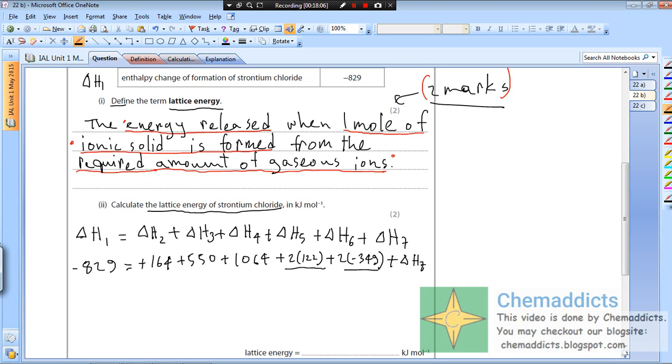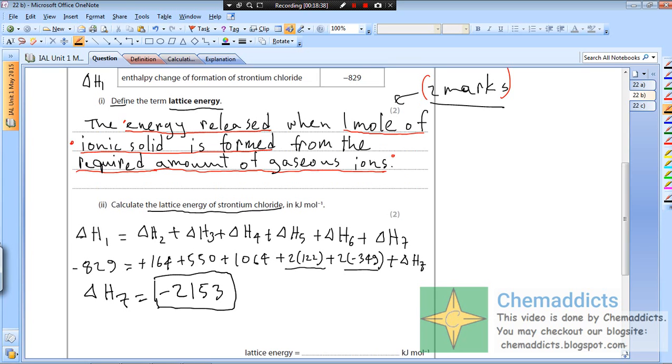So if you have calculated this thing, you will get what? Del H7 is equal to minus 2153. Okay, and always be careful with the sign. And if they have mentioned the significant figure, don't forget to round this up to the appropriate significant figure.